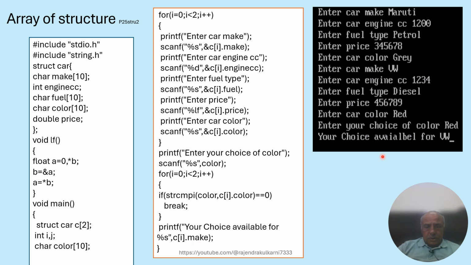So what this program says, the user wants red color and red color is available for a car make VW. So this is how array of structure can be initialized, can be used, can be accessed in our program.